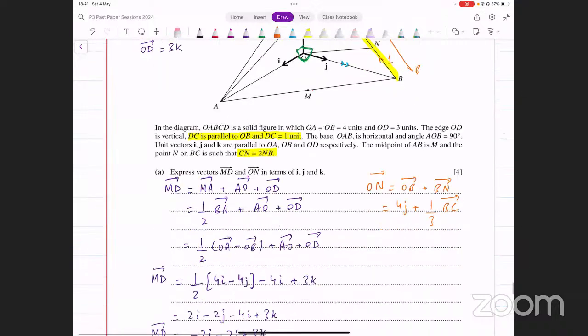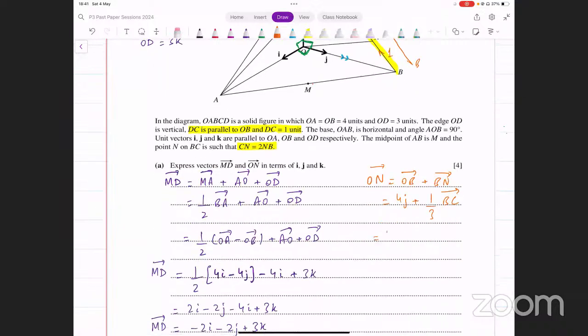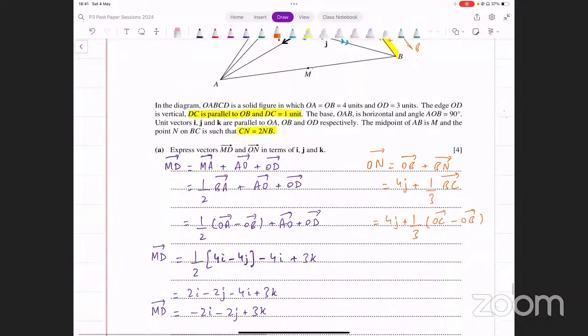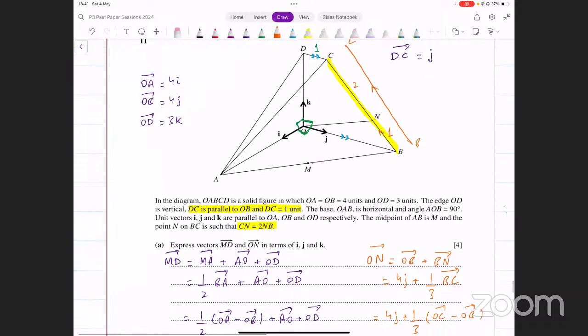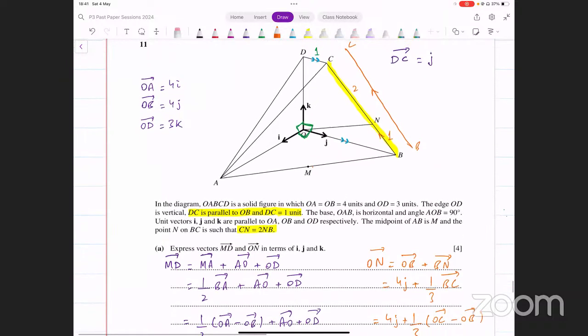And now, can we find the vector BC somehow? What is BC going to be? Position vector of the second point, that's OC, minus the position vector of the first point, that's OB. Now, both of these vectors are known to us. We can say that's 4j plus 1 over 3 into OC. Do we know OC? Okay, now we also do not know OC. How do you find OC?